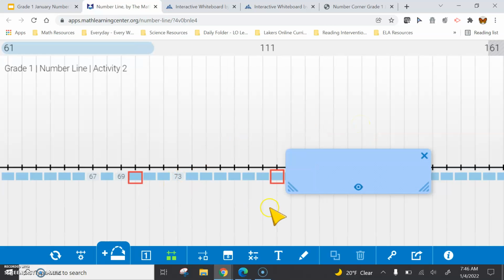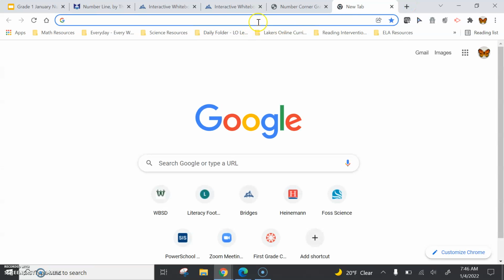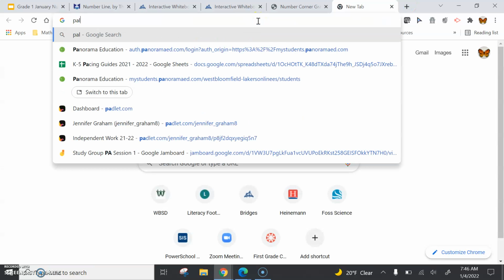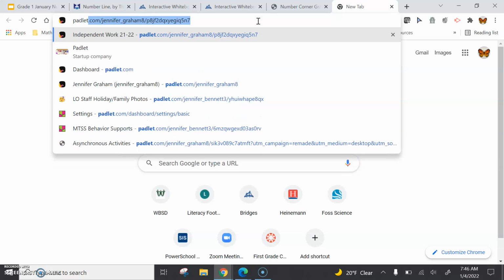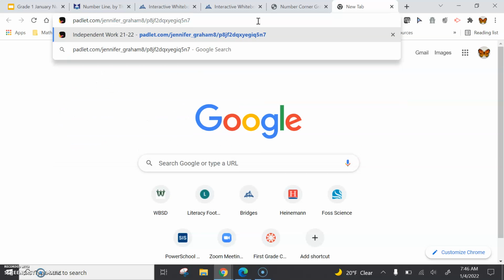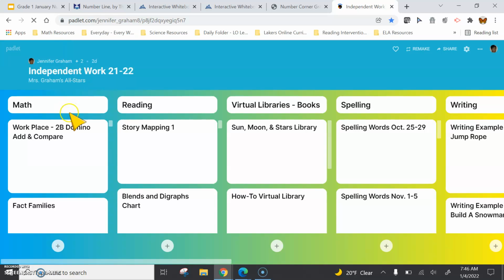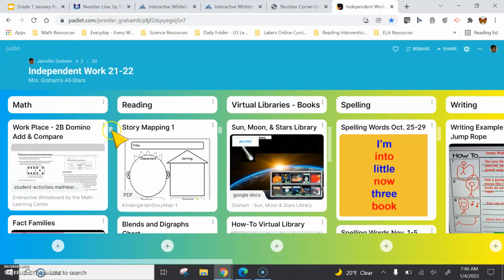I would like you to count on the number line, counting by 5s. You can use your number line, or if it helps you, pull up our information from our independent work and pull out our hundreds chart to count by 5s, you can do that as well.